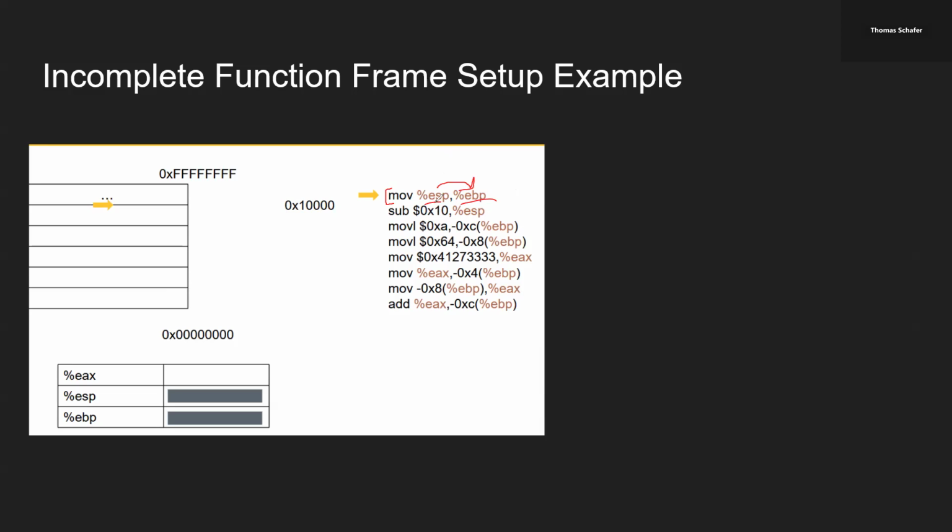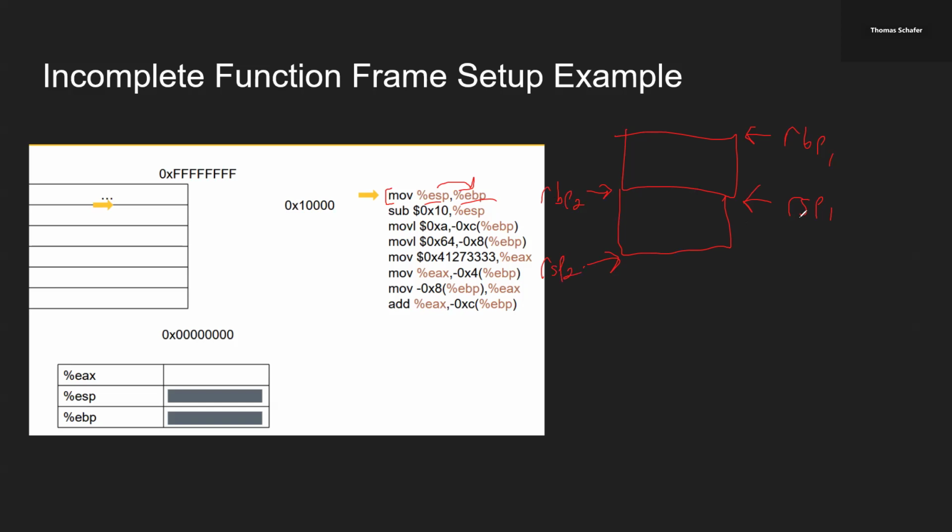So this is moving the stack pointer into the base pointer because if you think about it, if this is our function that we're calling from, and we want to add another function frame, it'll look something like this, RBP2.